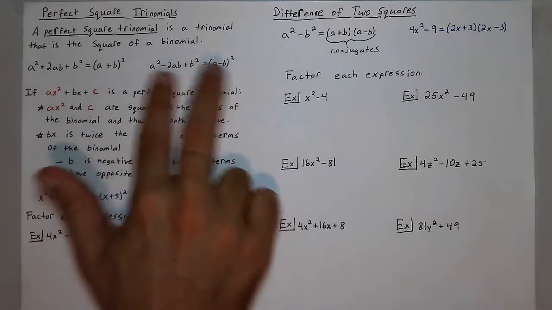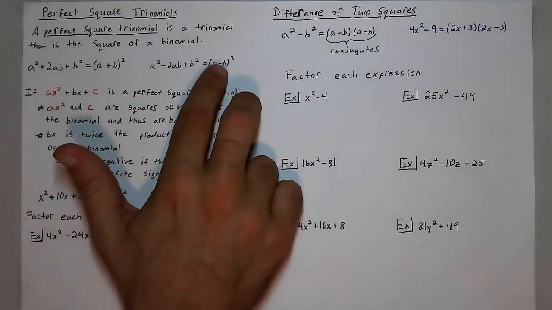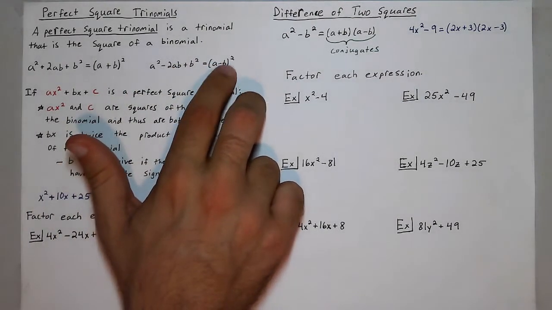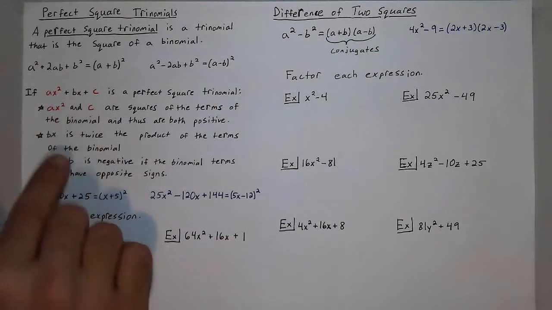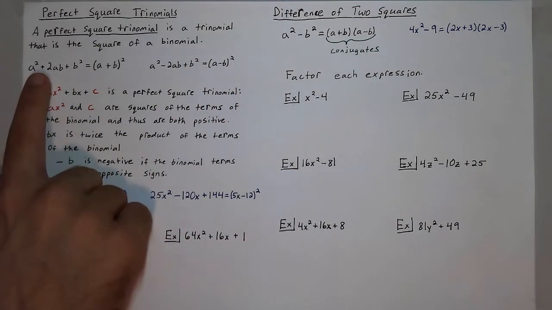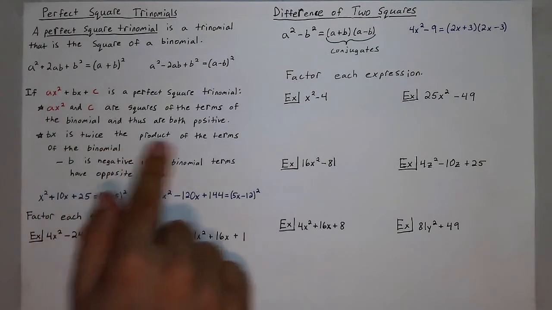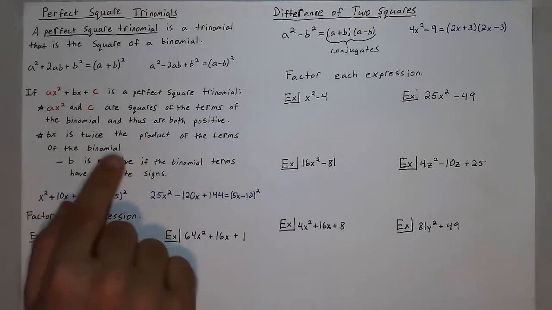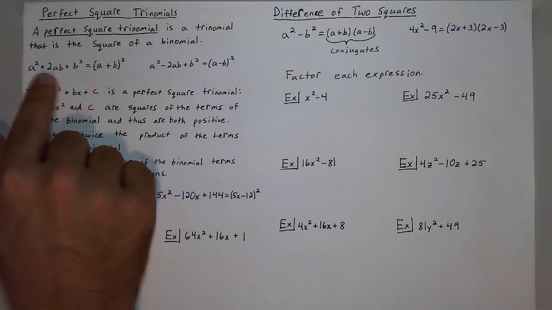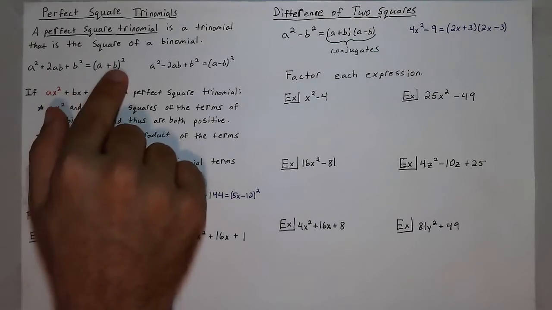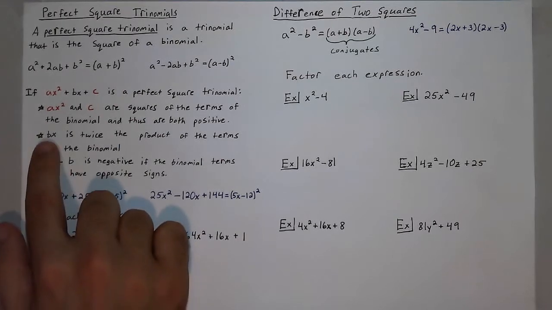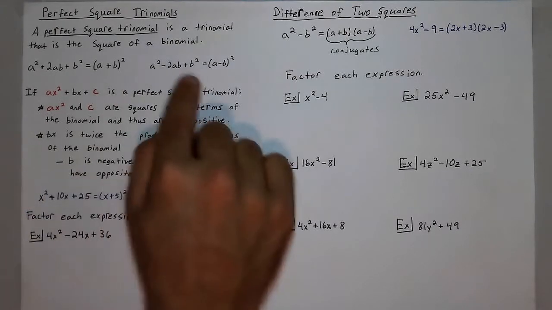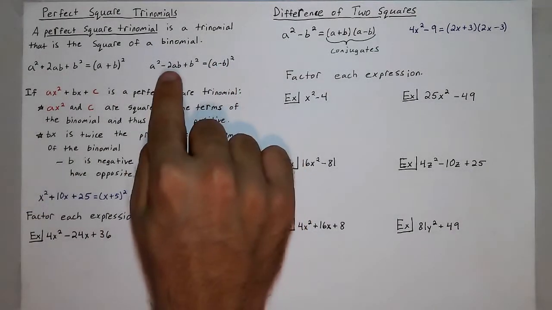And even over here I have a squared and b squared, which are the squares of a and negative b, because when you square negative b, it becomes positive. But then that middle term is always twice the product of the terms of the binomial. So you'll see here 2ab, that's a times b, and then times 2. Now, if this b is negative, that means that these terms are opposite in sign.